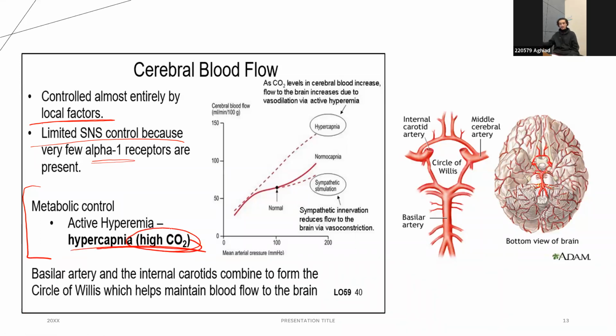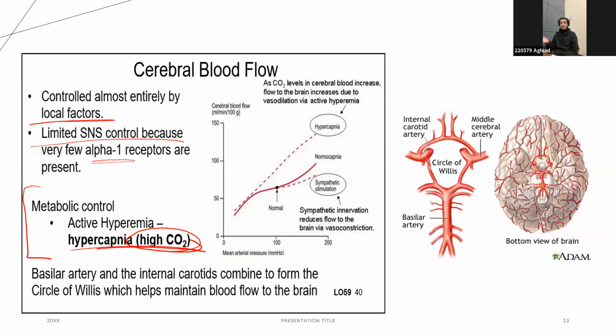You have to understand that the brain is an extremely metabolic organ. It uses up a lot of glucose. Glucose is its main source of energy. So it's a highly metabolic organ. It takes around 20% of blood flow, if I'm not mistaken, even though it only weighs around 2 kilograms, only 2% of the body's weight.